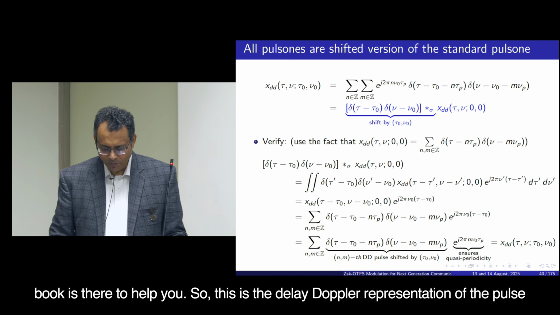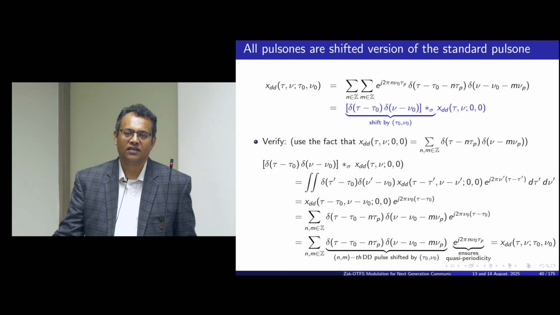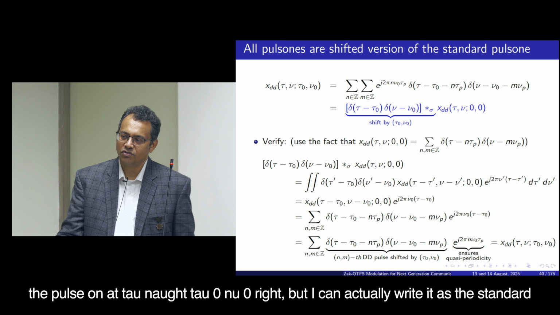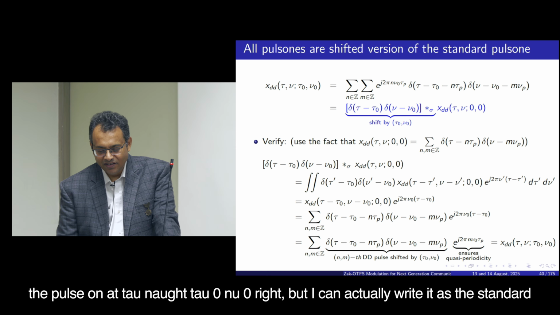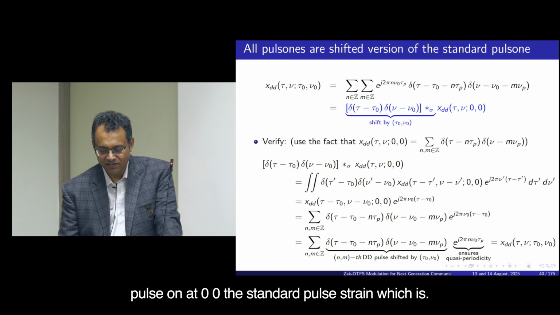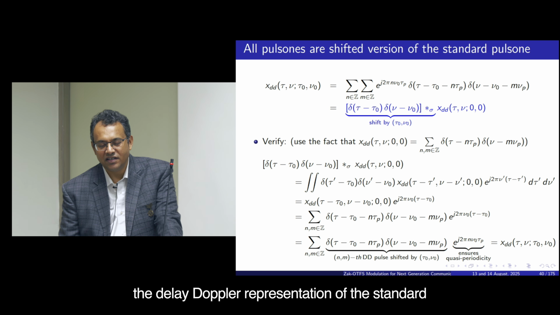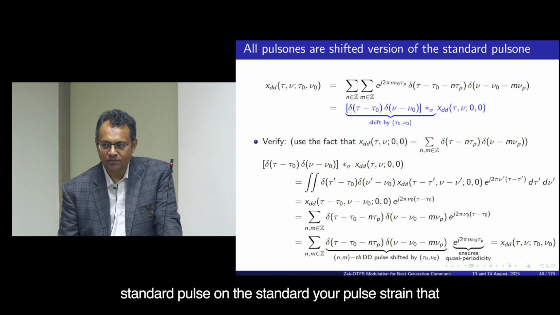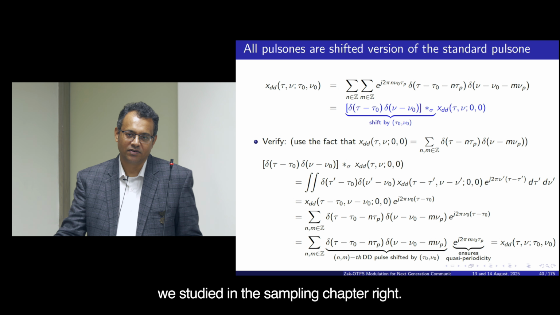So this is the delay Doppler representation of the pulson at tau 0, nu 0. But I can actually write it in terms of the standard pulson at 0, 0. If you put tau 0 equal to 0 and nu 0 equal to 0, then you will get the delay Doppler representation of the standard pulse train that we studied in the sampling chapter.